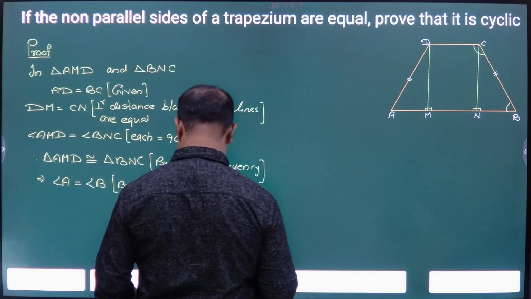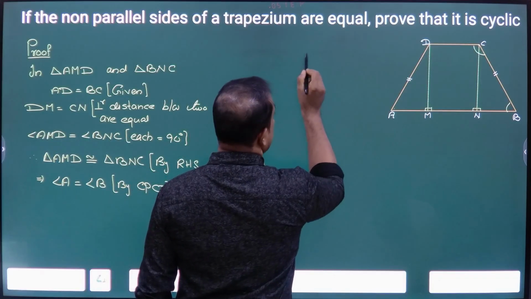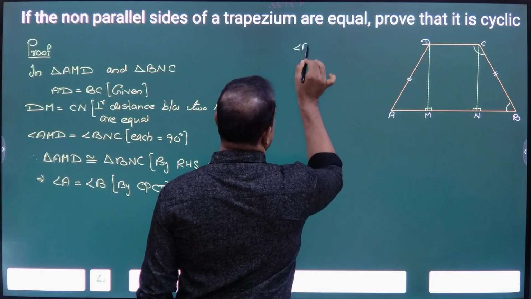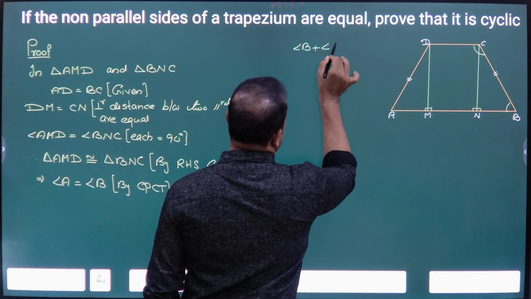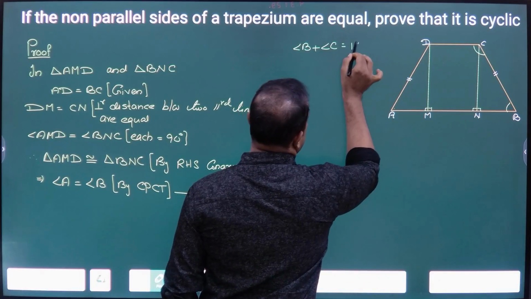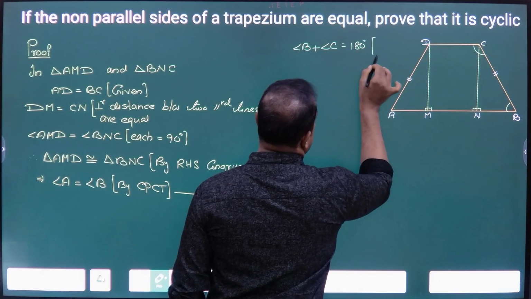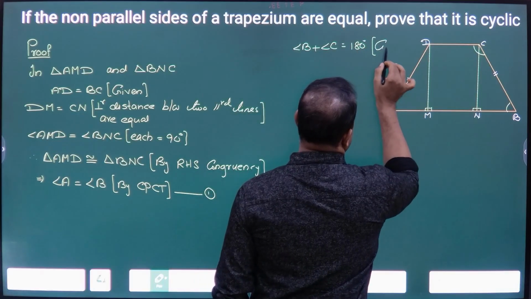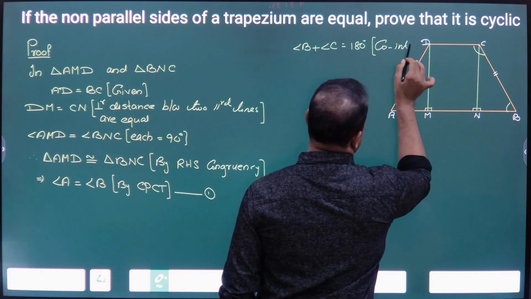Angle B plus angle C is equal to 180 degrees. Write in bracket: co-interior angles.